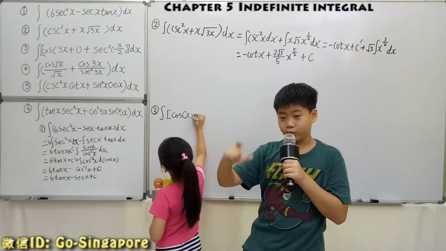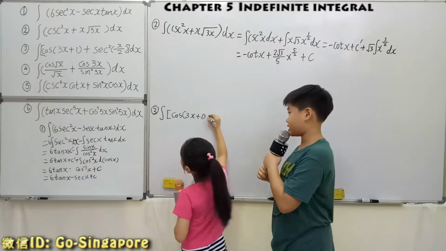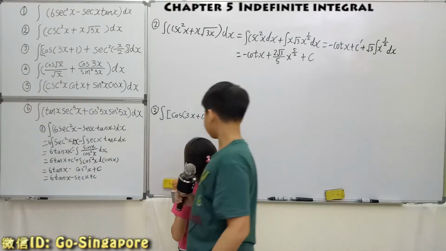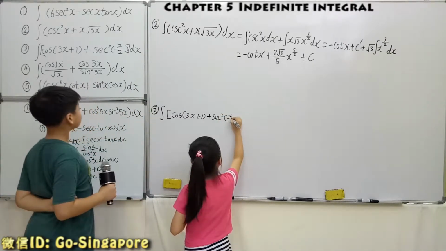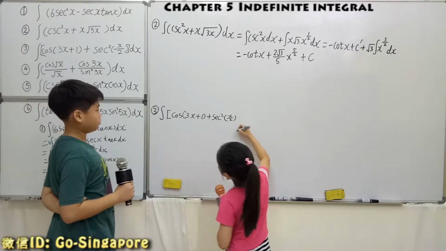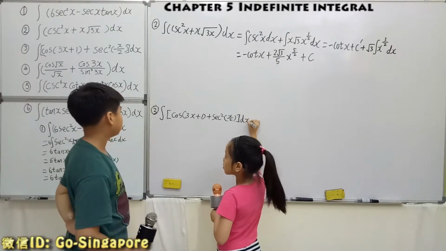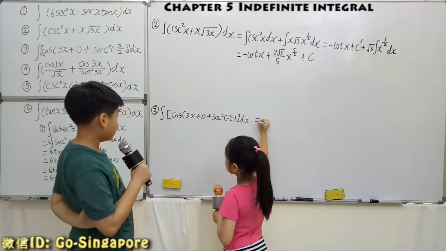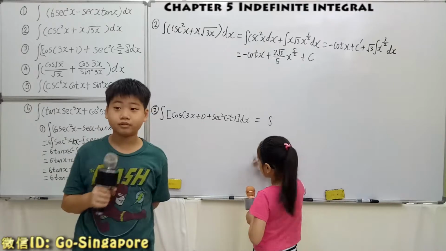At first there was a normal bracket, then a square bracket, then at last the dx. So for this first step, we separate.